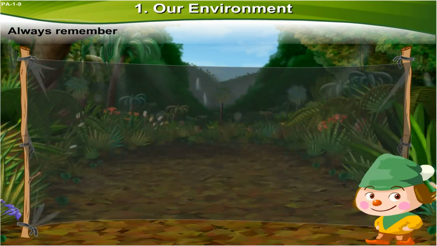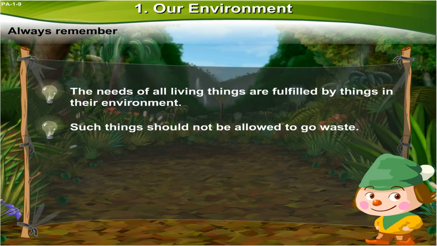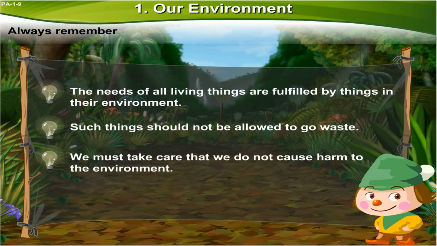Kids, always remember the needs of all living things are fulfilled by things in their environment. Such things should not be allowed to go waste. We must take care that we do not cause harm to the environment.